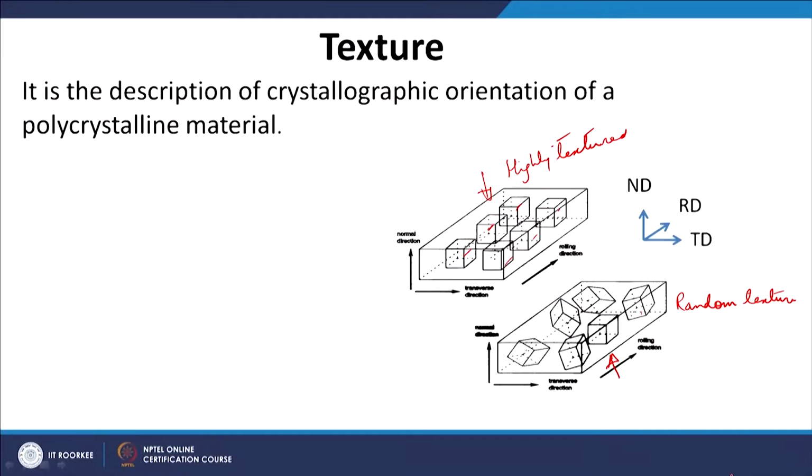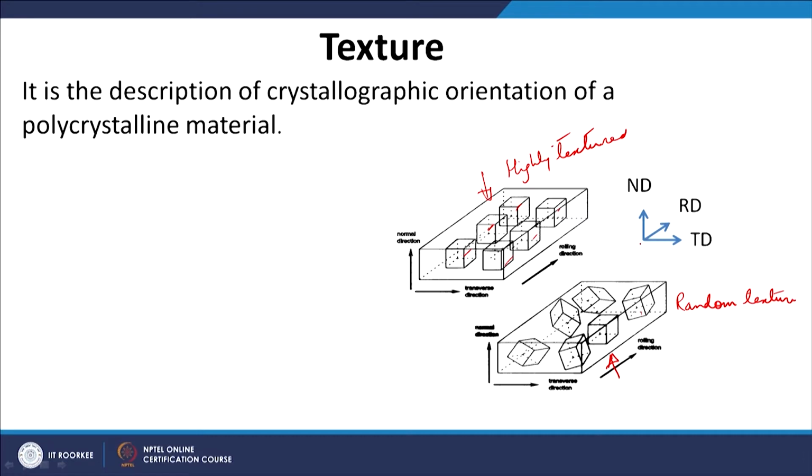If there is no reference in space, I cannot define the orientation of this unit cell. To define a reference frame, the most popular one is taken from rolling, because rolling is one of the most popular processing techniques, and it has an orthogonal symmetry.